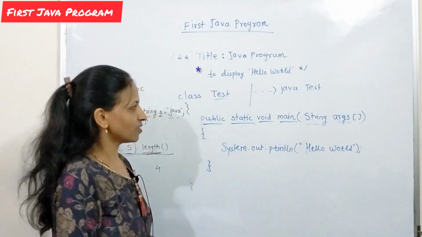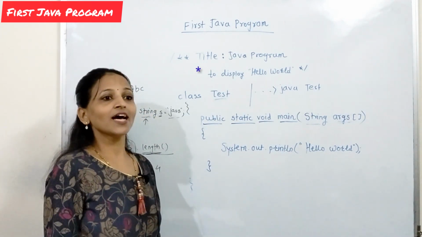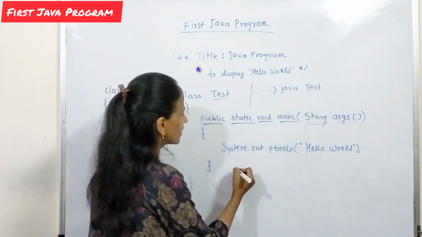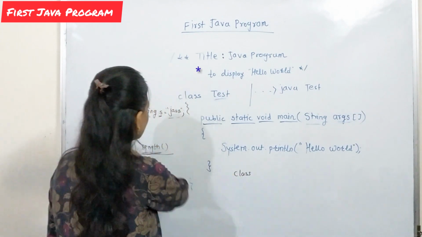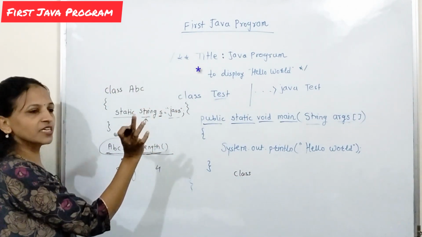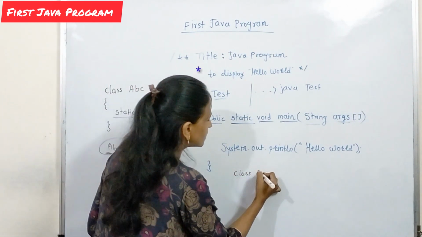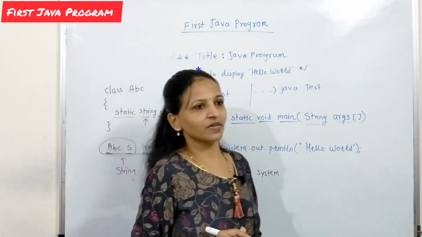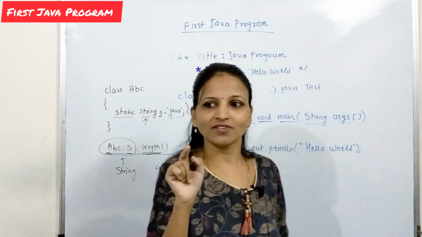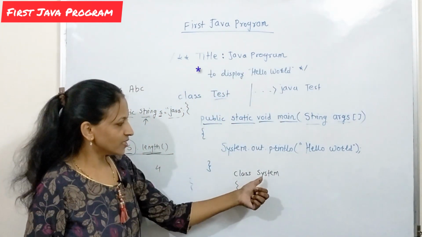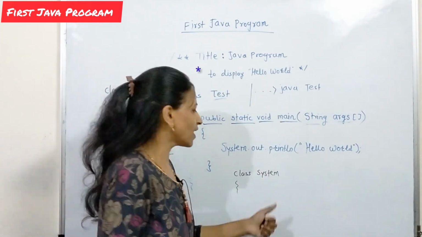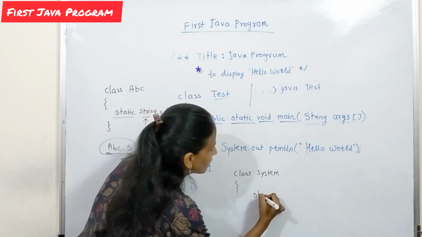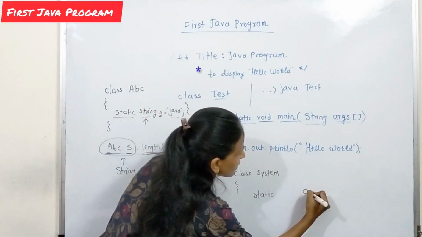Now here comes an inbuilt class, System. The string is an inbuilt class, and this class we have created. Inside the System class there is one static member, and that is out. Out is a static member declared inside this System class. What is its data type?